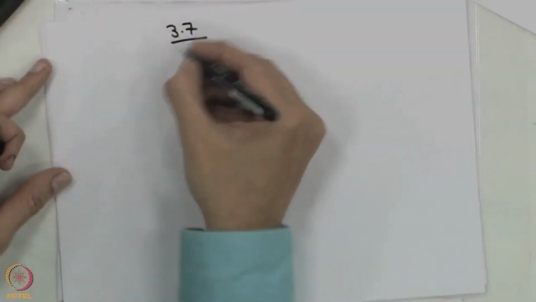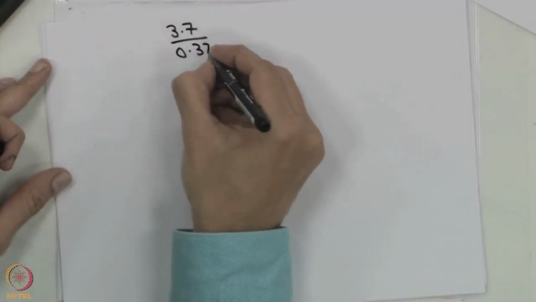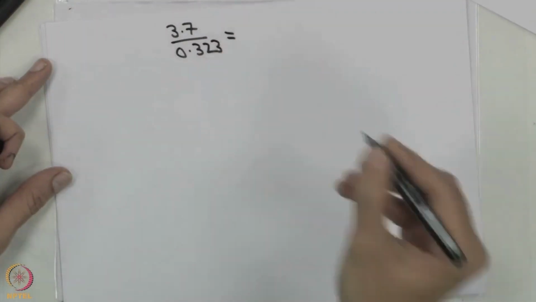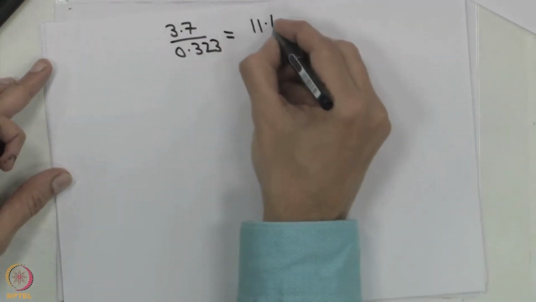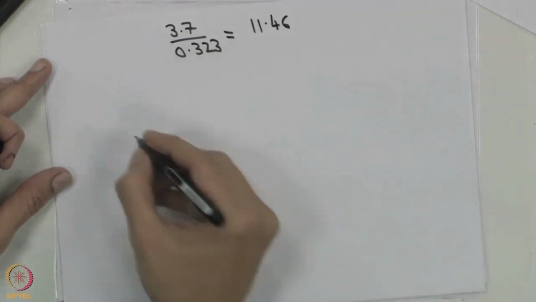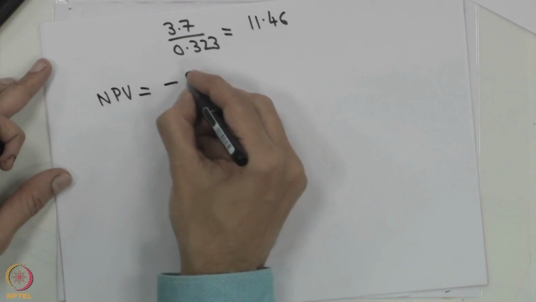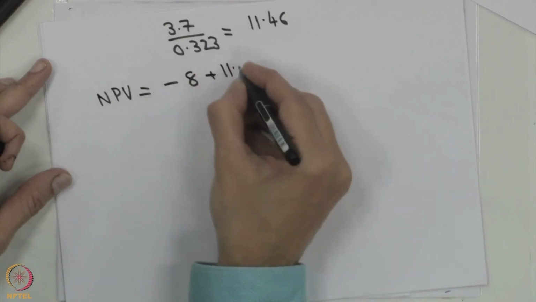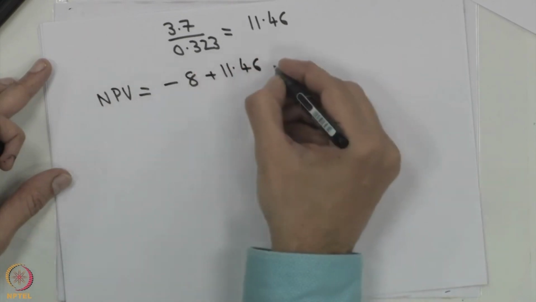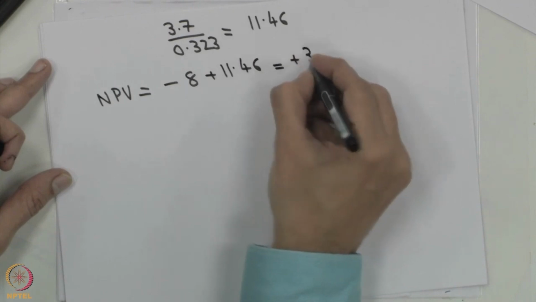So then this becomes NPV, the benefit stream is now going to be 3.7 by 0.323, which is 11.46 lakhs. So the net present value is minus 8 plus 11.46, which is plus 3.46 lakhs.